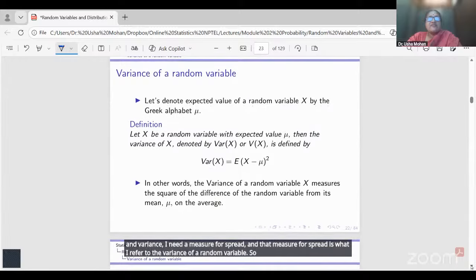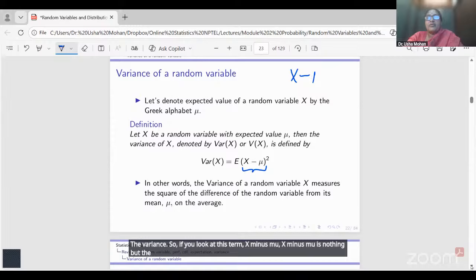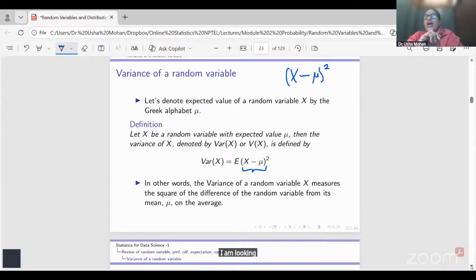So what is the variance of a random variable? The definition is, if x is a random variable with expected value mu, the variance. So if you look at this term, x minus mu is nothing but the deviation of my random variable from the expected value. I am looking at the square and I'm looking at the expectation.